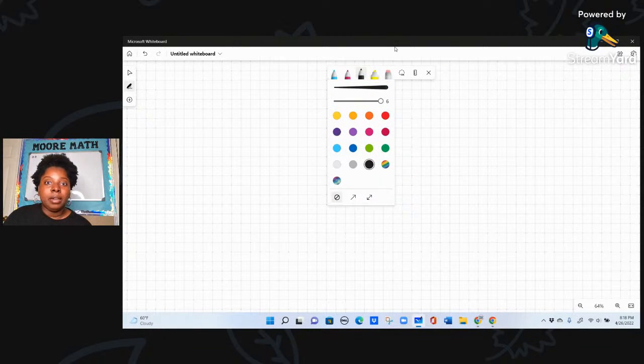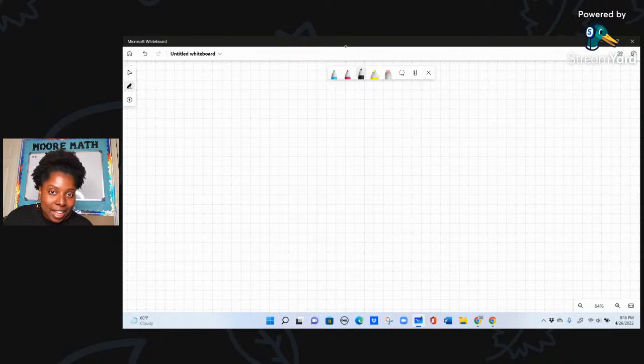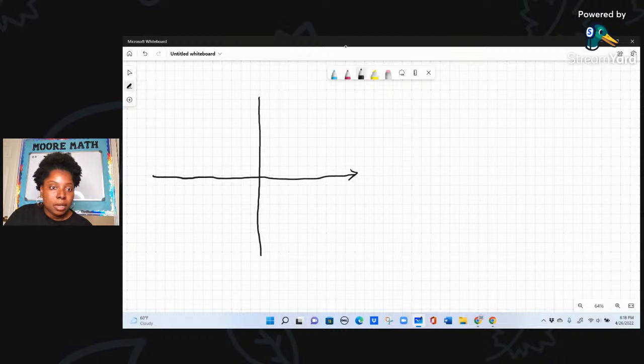I'm going to try my best to draw a line. It's probably not going to look that great. It's still crooked, but it's much better than it looked last week. All right, so here is your X and your Y axis. You got your X, you have your Y. And then they want you to find out the equation of a line.